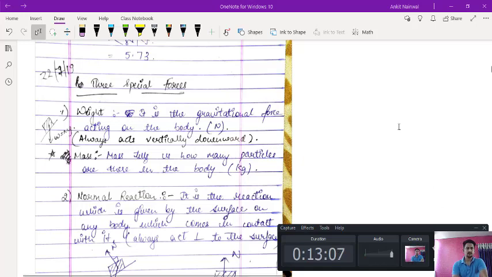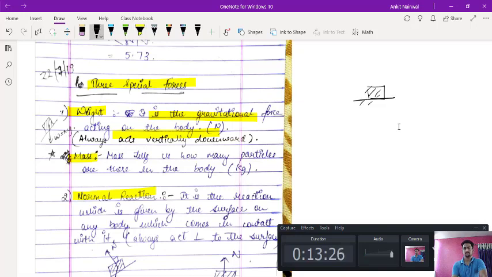There are some special forces that you must know about, that are weight, mass and normal reaction. So what is the weight? It is the gravitational force acting on the body. Suppose this is a body that is kept on a surface, having a mass m.